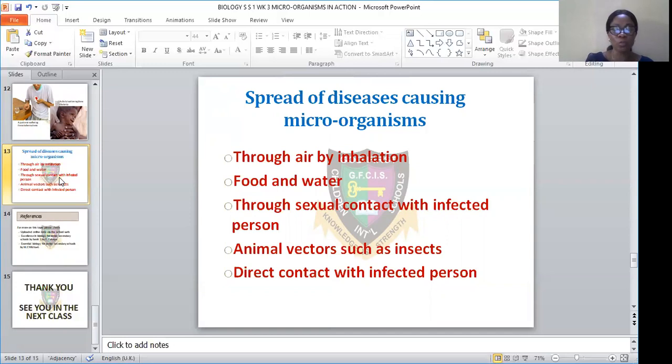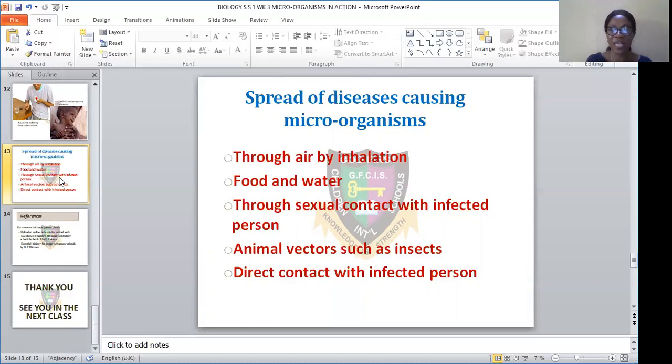The closest person to me can be infected through inhalation of such air. It can also be spread through contaminated food and water we drink, especially the one that has contact with fecal waste. Also, it can be spread by sexual intercourse with an infected person.